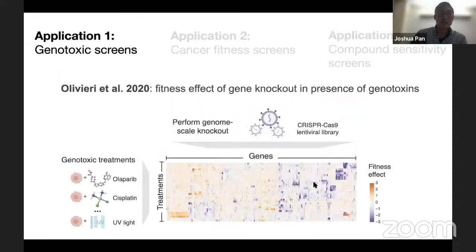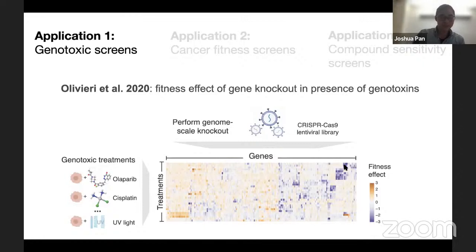Let's go through some applications on real world data. Olivieri et al. performed a set of fitness screens in the presence of genotoxins. They started with a parental cell line, RPE1, and treated with different DNA damaging agents. For example, UV light will cause DNA damage in cells, and in order to repair that damage, certain pathways need to be activated.